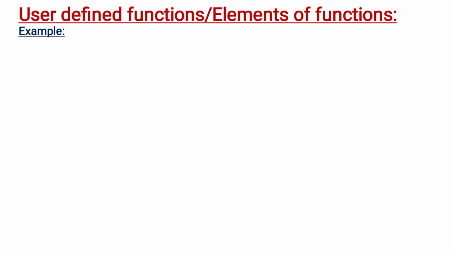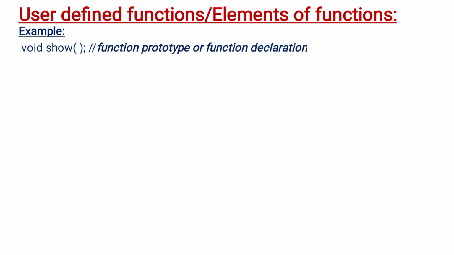Number 1, let us write a user defined function example containing all the elements of a function. Here I am taking the function void show, that is the function prototype, and this function prototype is written before the main function.